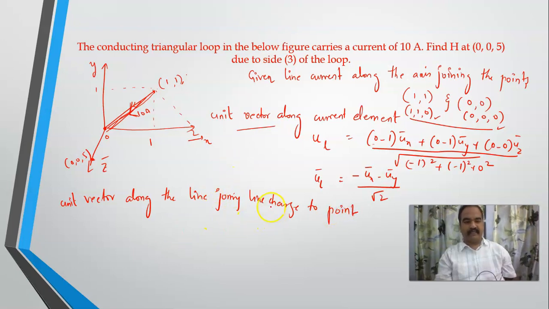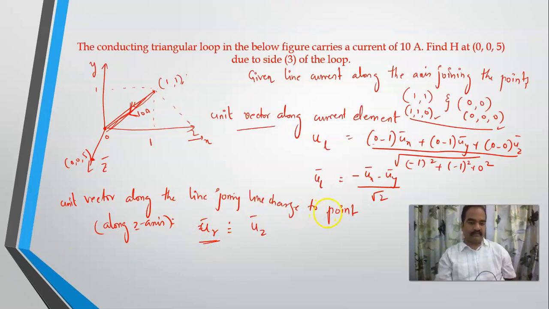Okay, my line charge is in the XY plane, whereas my point is on the Z axis. So the unit vector will be along the Z axis, and I'll write it as UR is equal to UZ bar. This is the unit vector along the line joining the line charge to the point.